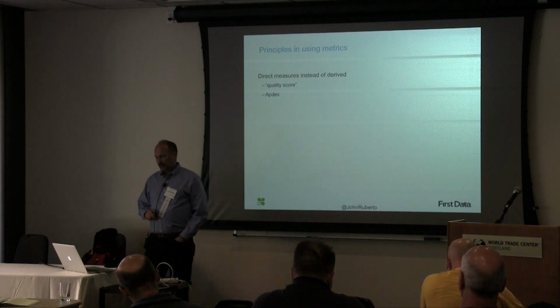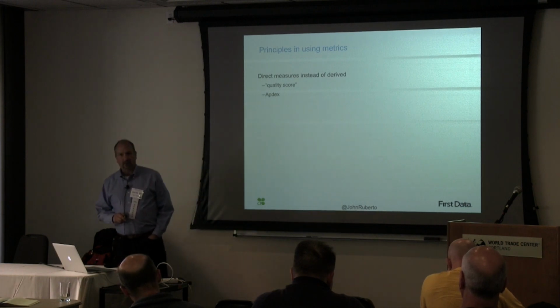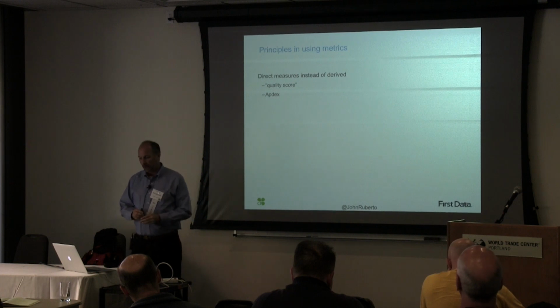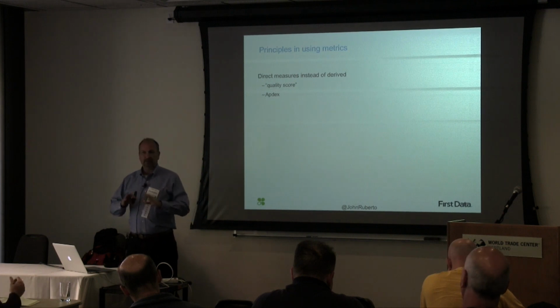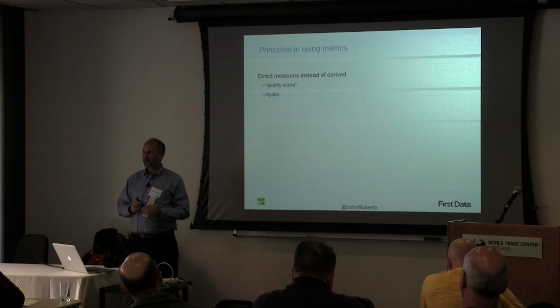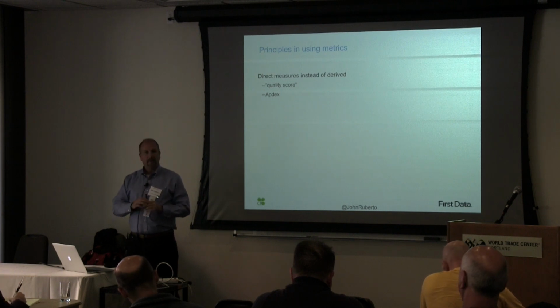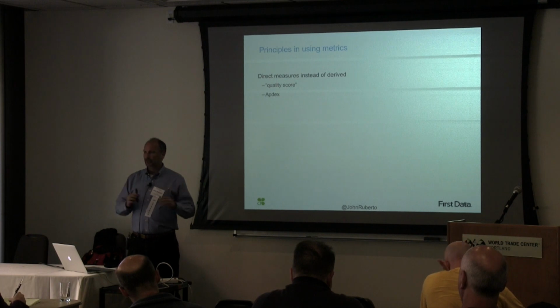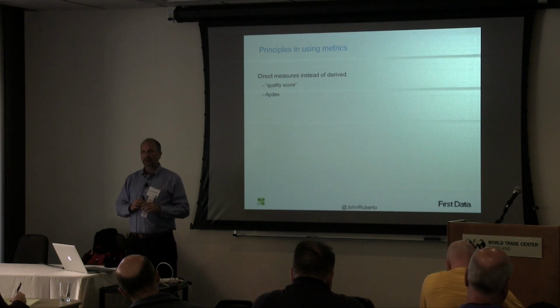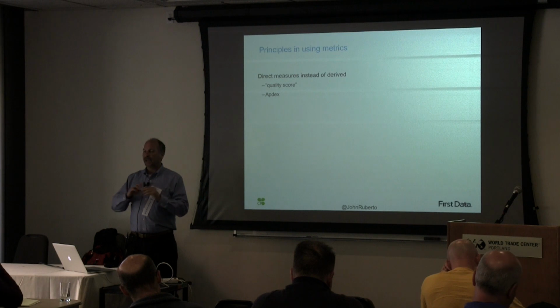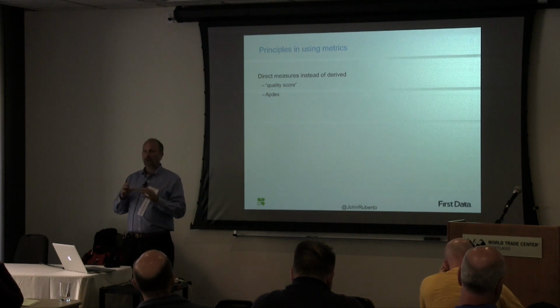Okay, another is direct measures instead of derived measures. One example is AppDex, which is kind of an industry standard measure for performance. That has a lot of acceptance, so people understand what it means. But I've tried to use quality scores in the past, where you average things up or apply some formula.